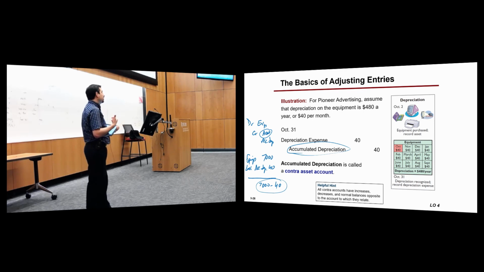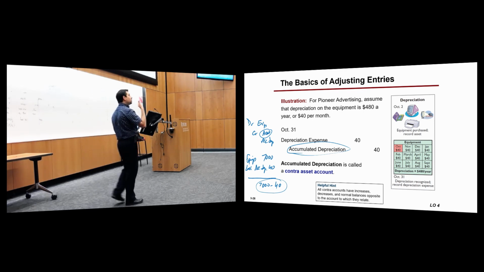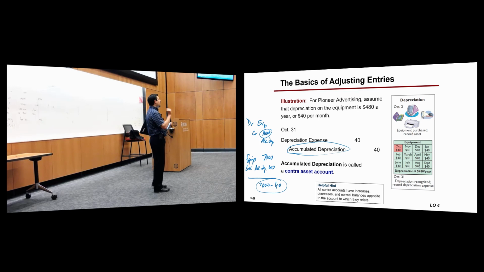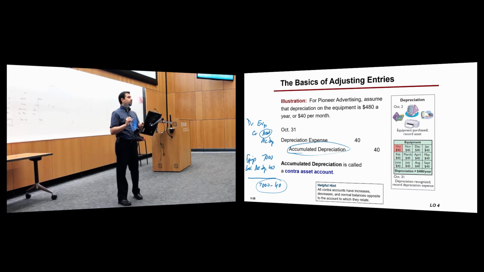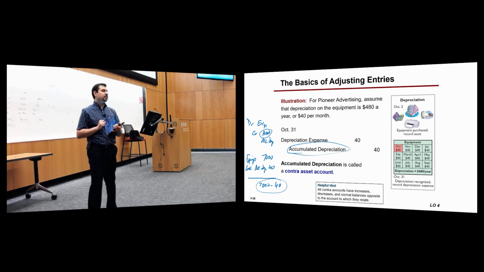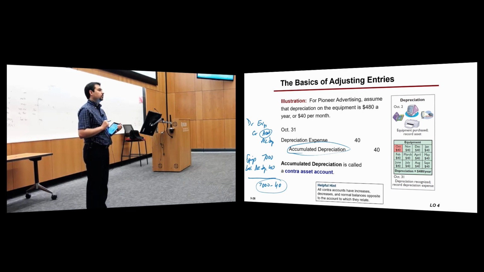Companies like this because first of all, they can still know how much they paid for every piece of equipment they have. They can keep track of the equipment purchases. At the same time, they will know how much was allocated as depreciation expense. Okay?